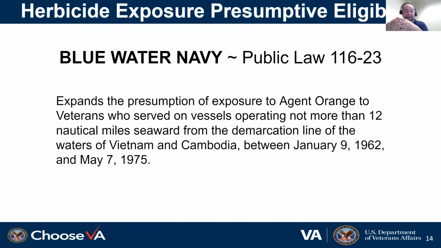And so one of the things that we do is we have to go through an investigatory process to determine whether or not the ship that Navy veteran was on was actually within those 12 miles. So we spend a good deal of time trying to make sure that we know exactly where that veteran was and exactly where their ship was before we make the determination. All right, our next slide.